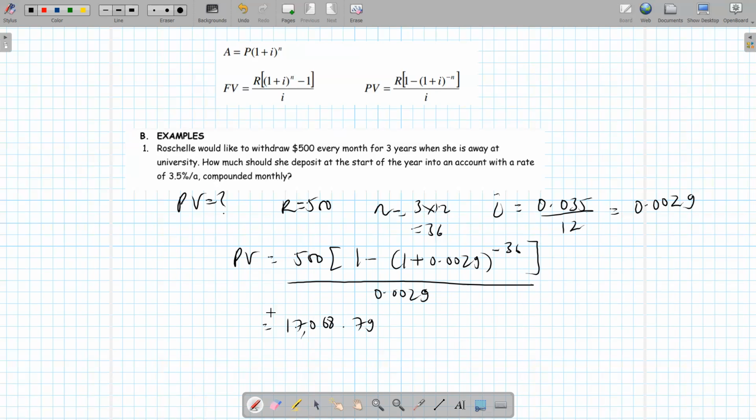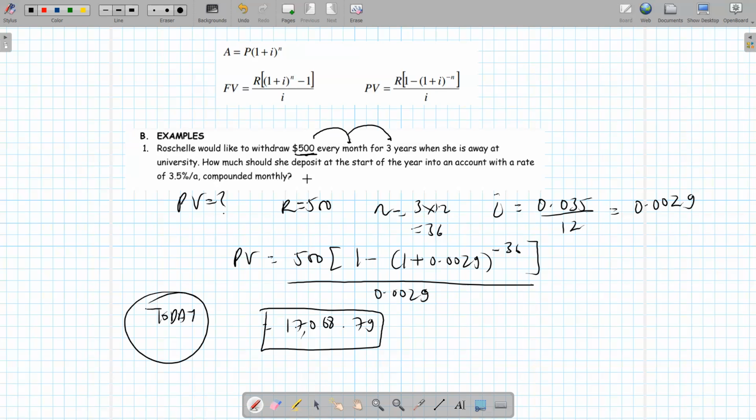All right. So if this person puts in this much money today, then he can withdraw 500 every month for 3 years. Now, if I asked you, how much interest does he earn by doing this?